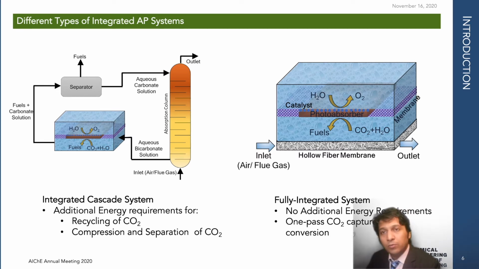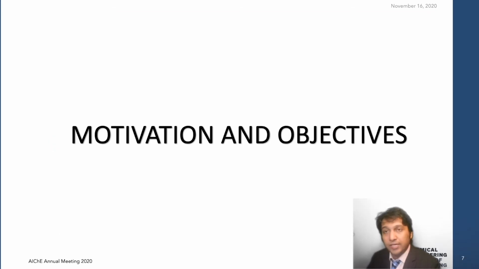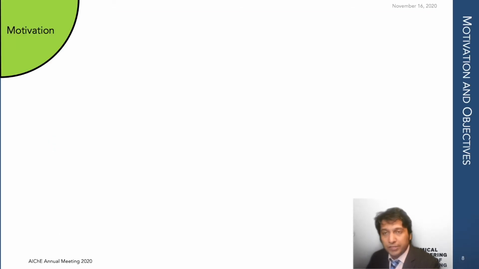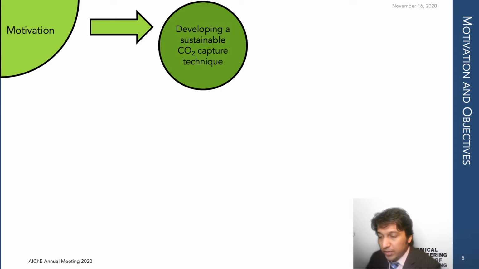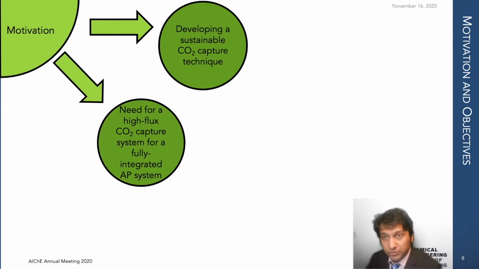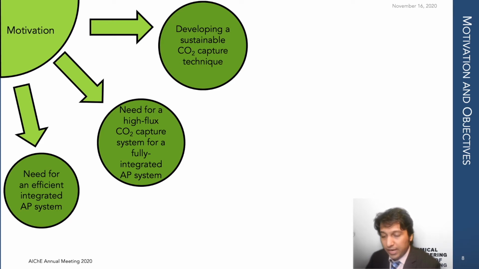Based on what information we have right now, we decided to set our objectives for this project. We need to develop a sustainable CO2 capture technique, a high flux CO2 capture system for a fully integrated AP system, and we need to see how this integration works for CO2 capture and reduction.